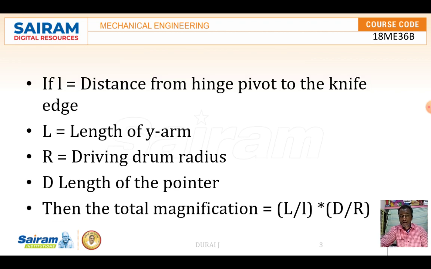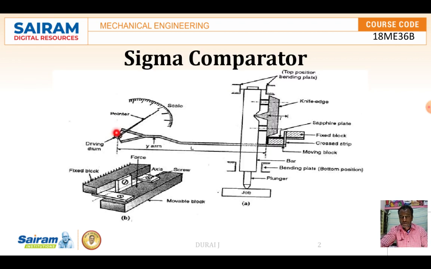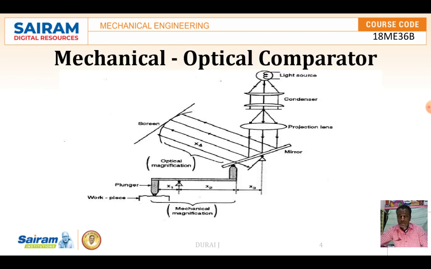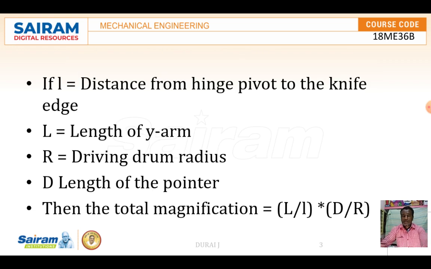R is the driving drum radius. D is the length of the pointer. Along with that, the total magnification is L by l into D by R. So this is about the sigma comparator.